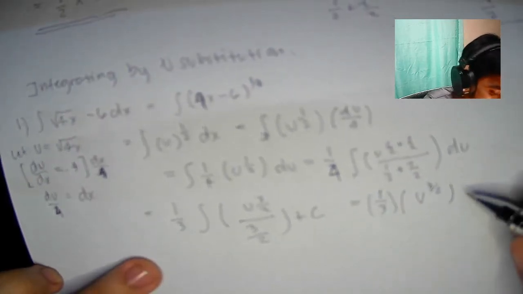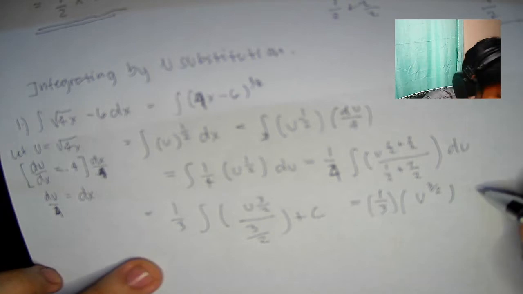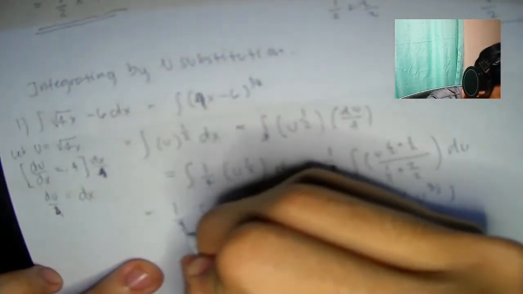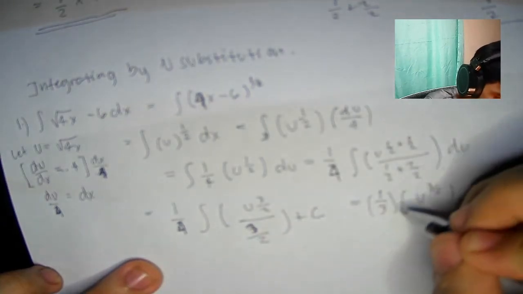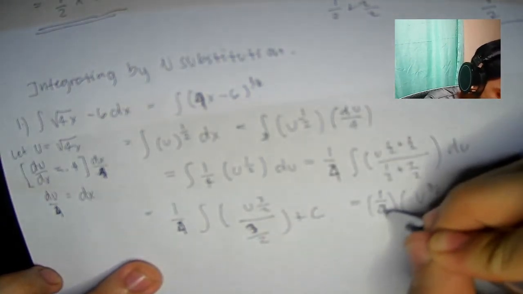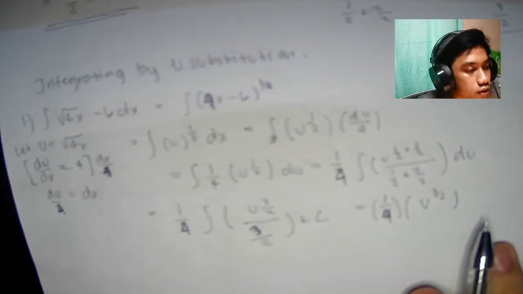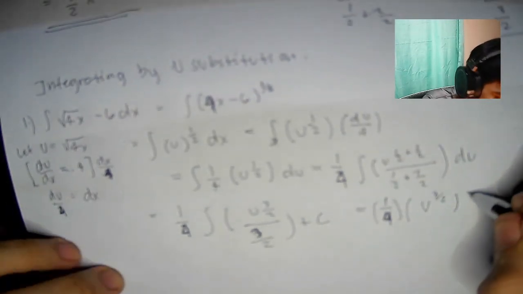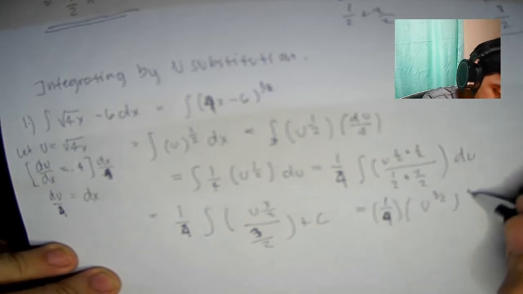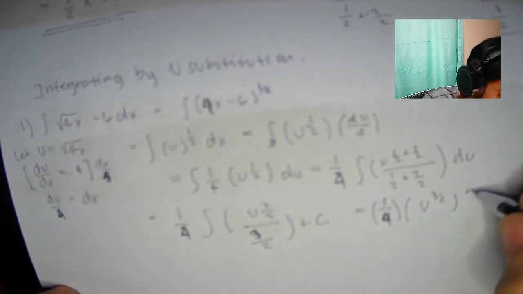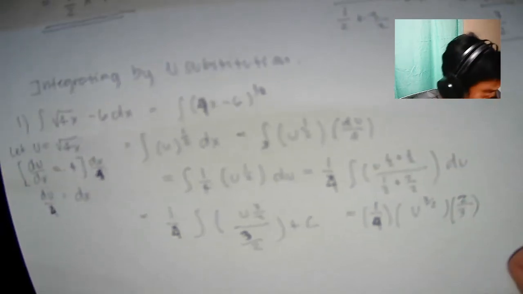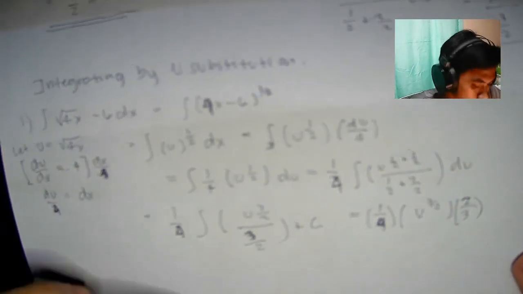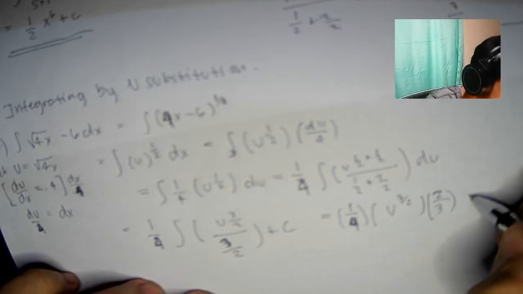So what we'll have is the reciprocal. I'm sorry, I'm looking at my notes, so I am very confused. I'm sorry, it is 4 rather. So we'll have 1/4, and the reciprocal of 3 over 2 is 2/3. So we'll have 2/3, plus c.